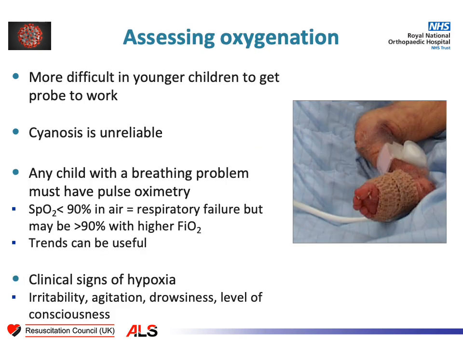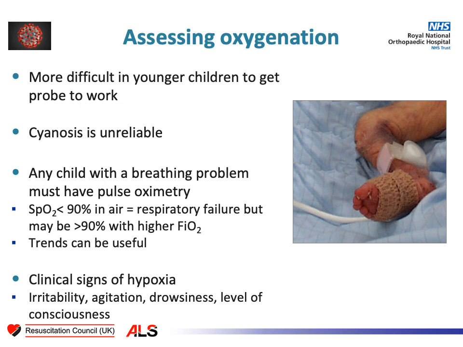As well as assessing the work of breathing, we should assess oxygenation using a saturation probe. It's important to use a pediatric appropriate SATS probe, as adult probes may not work or give a false reading. Cyanosis is a late and unreliable sign of hypoxia.